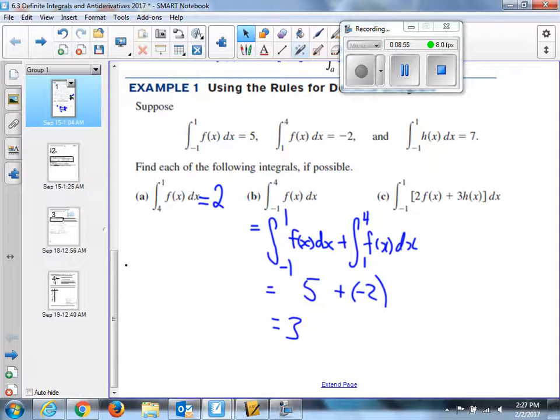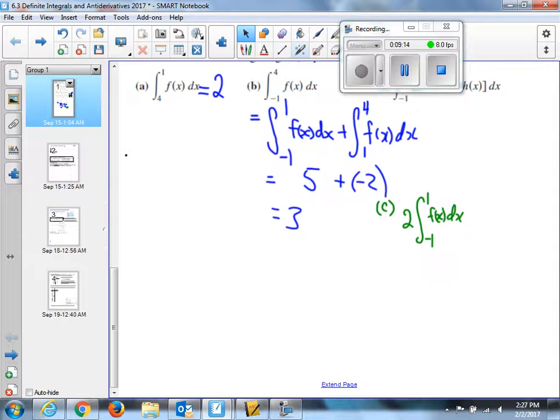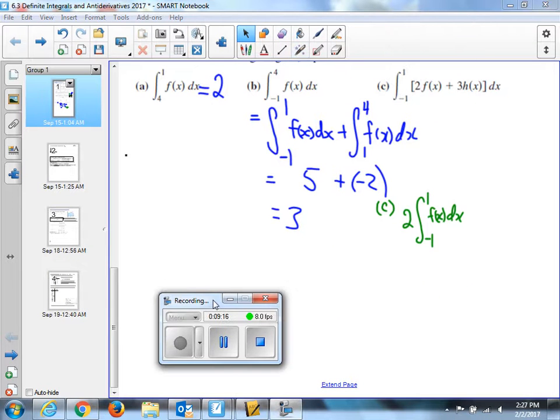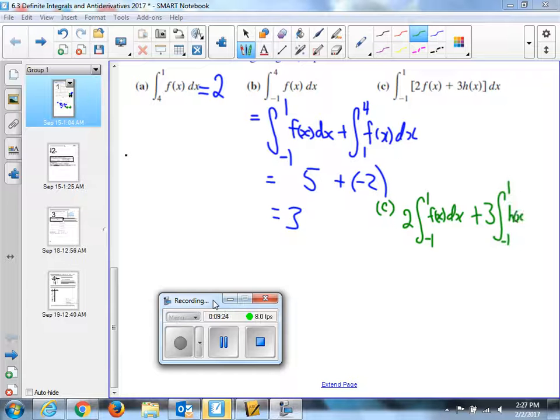So I could think of this, C, I'll do it in green, as 2 times the integral from -1 to 1 for f of x dx. I can squeeze that in there, so I'll move this down where I can do stuff better. Plus, I keep that sign, 3 times the integral from -1 to 1 for the h of x function.